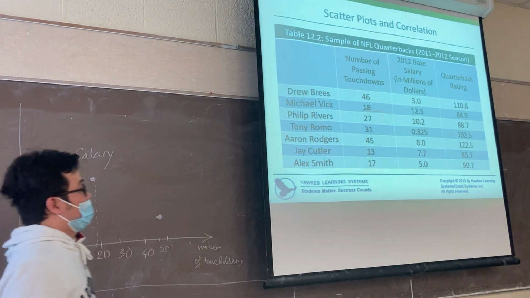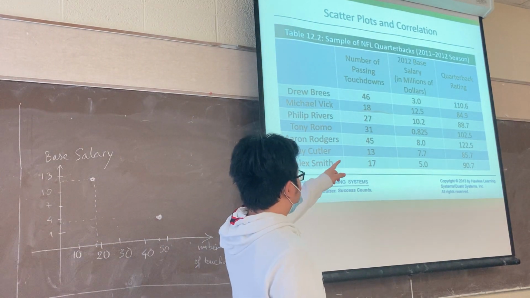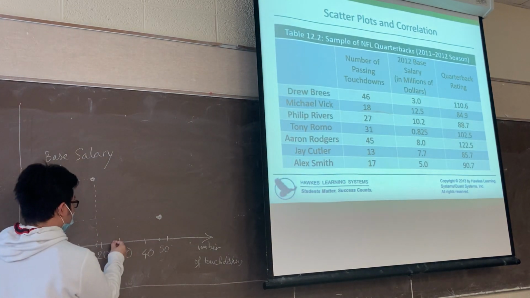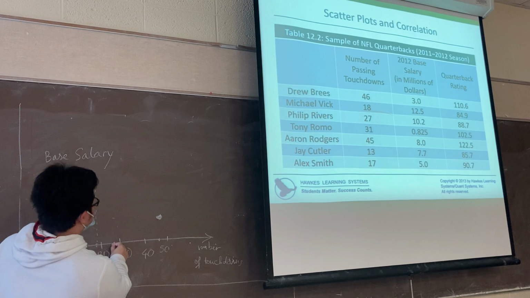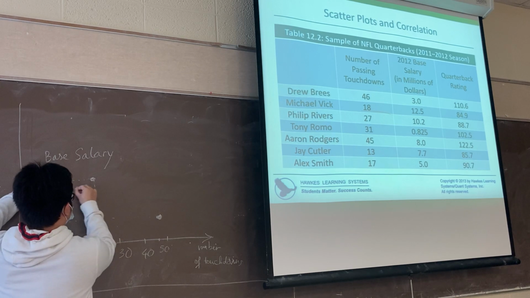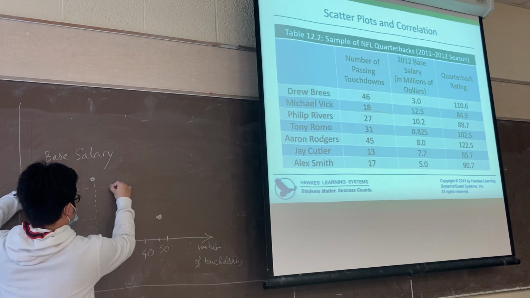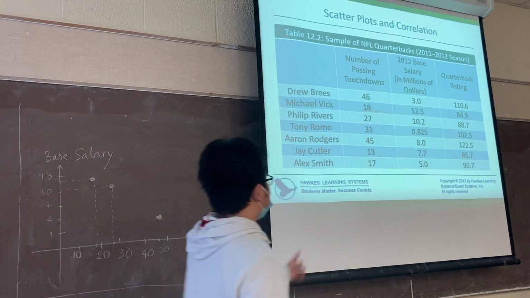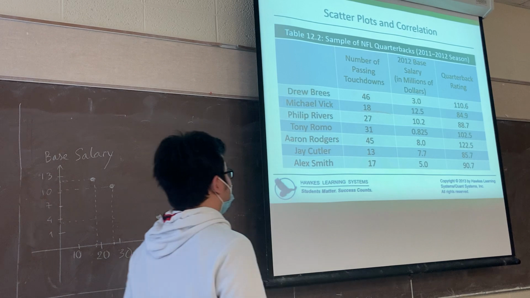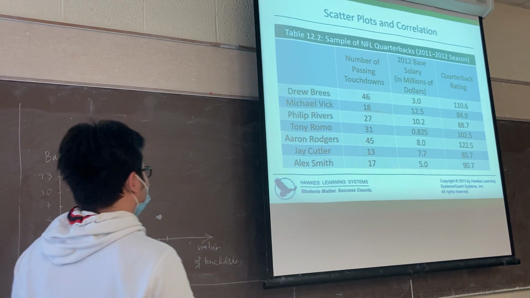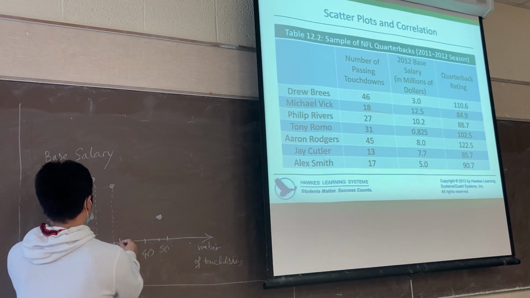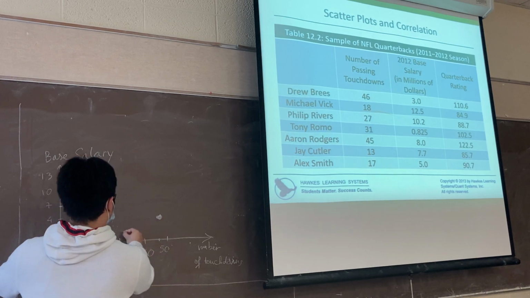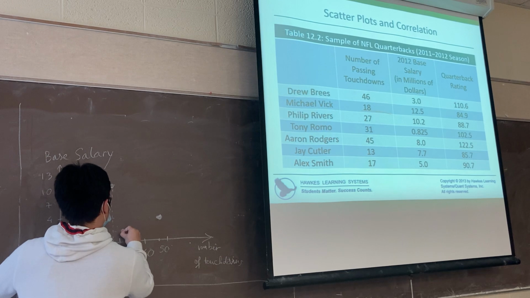Okay. And 27, 10.2. 27 maybe here. And 10.2, right? 10.2 like this. So I put this here. Okay, this is the third one. And 31, 0.825. 31, so here. So this value here like this. And this value here.